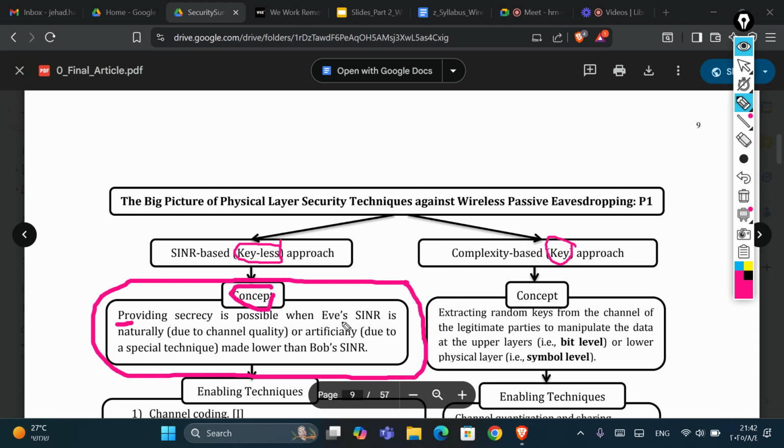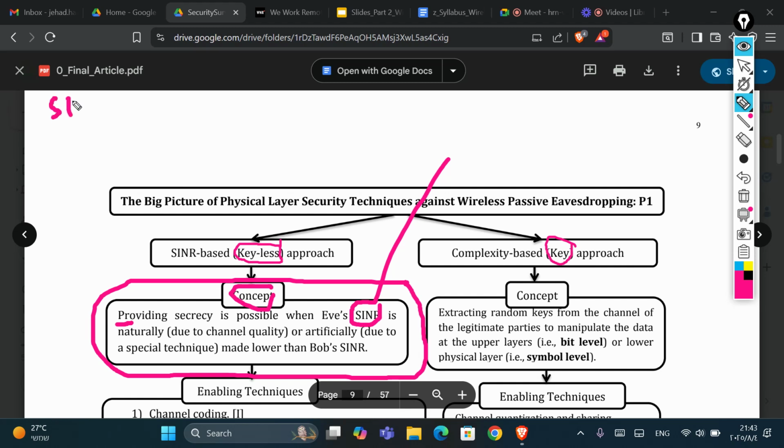So we said that in this concept, Eve's signal to interference noise ratio is naturally, due to the channel quality, or artificially, due to a special technique that you design, made lower than Bob's SINR. The first thing we need to understand is SINR. What do we mean by SINR? Signal to interference noise ratio.